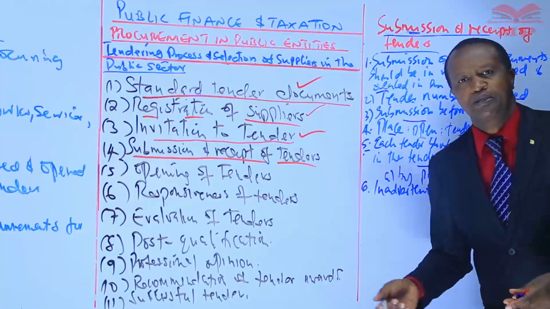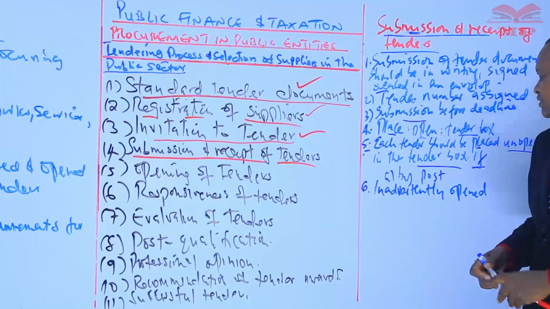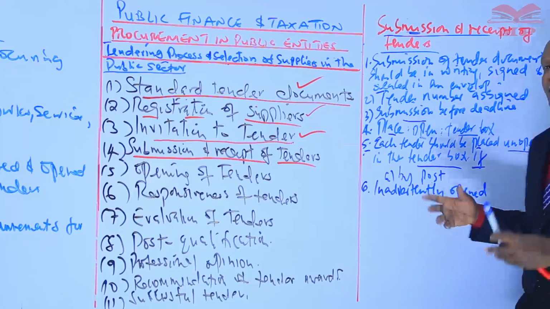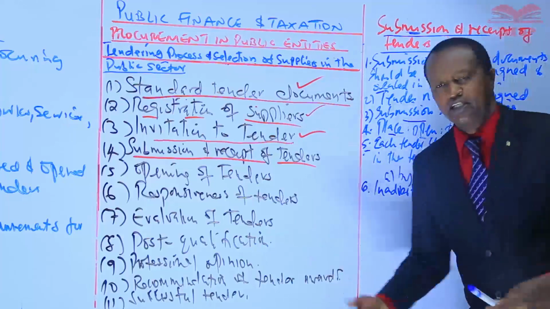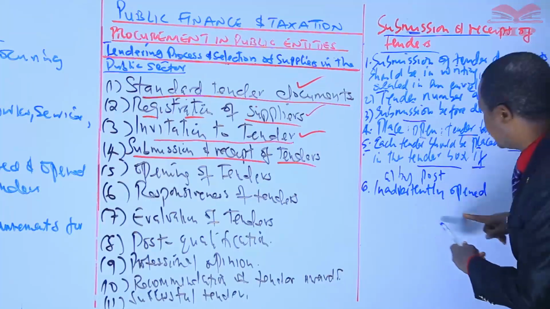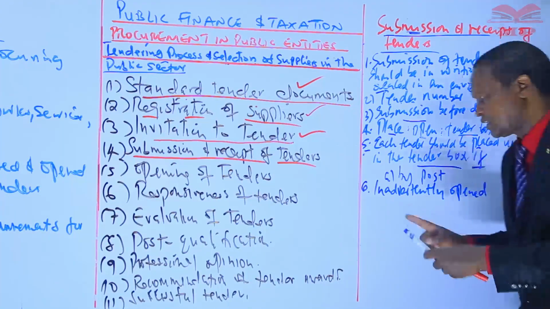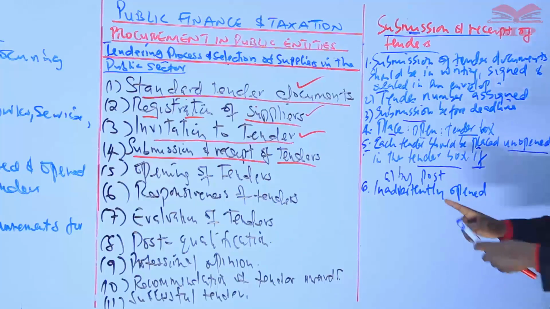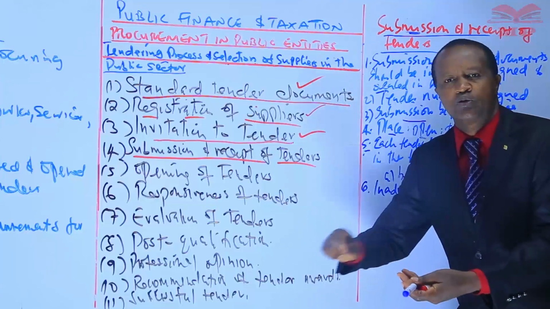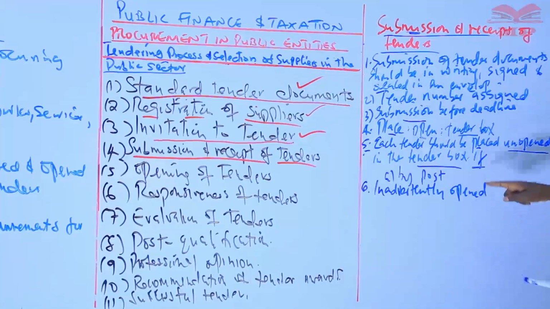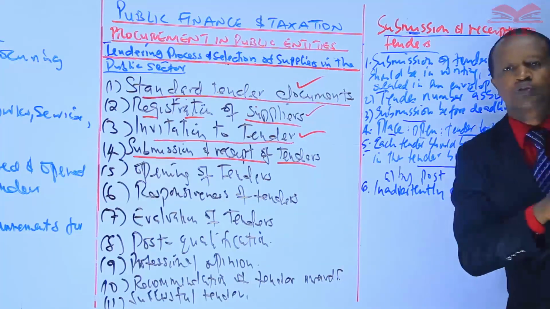Because candidates, it happens. Sometimes you may open the envelope accidentally, unintentionally, inadvertently. Then the one who opens it should write of that fact on the envelope and then place it in the tender box.